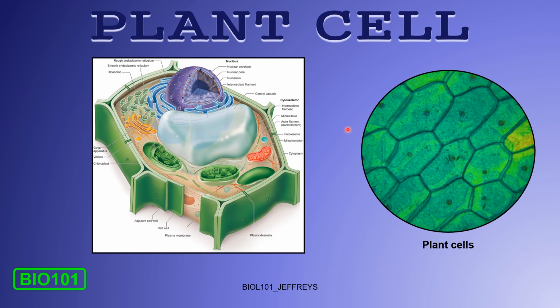The central vacuole contains water and holds nutrients and that sort of thing. But this rigid shape of the cell is due to the rigid cell wall made up of, you know this, cellulose.